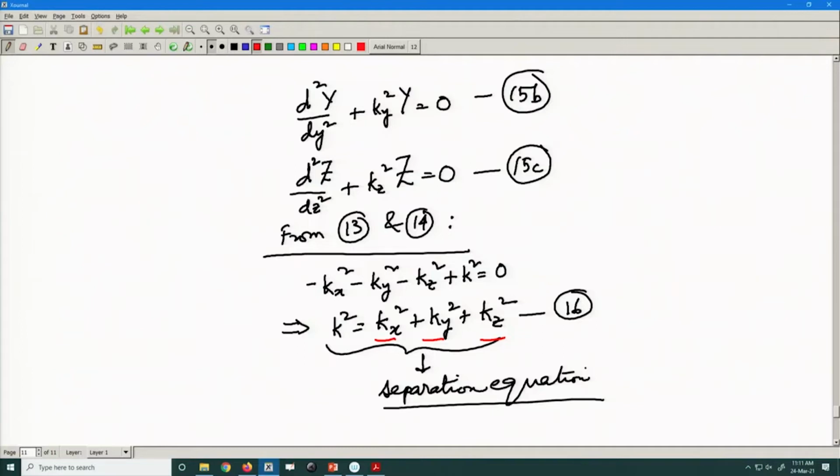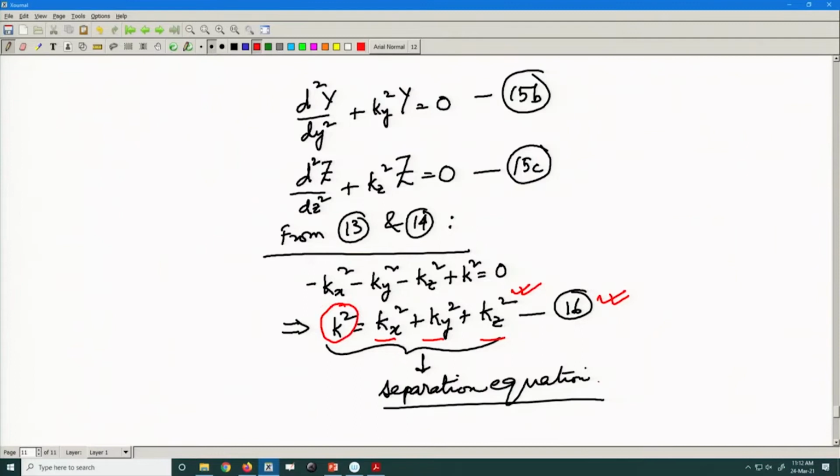So, the power of equation 16 is that it is a remarkably simple equation, but also a remarkably general equation which is applicable in any situation, because we have not made any kind of assumption in deriving equation 16. So, equation 16 will hold good under any circumstance and will give me the relationship between the wave numbers along the 3 directions and link it with the wave number k.